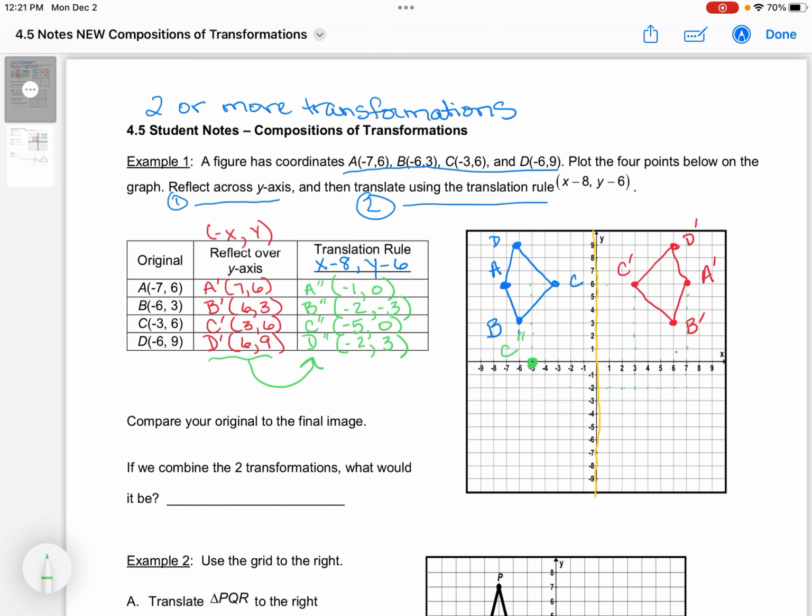For some reason, I was counting up and down for my x and left to right for my y. Yeah. Okay. Negative 1, 0. Negative 2, negative 3. Negative 5, 0. And negative 2, 3.